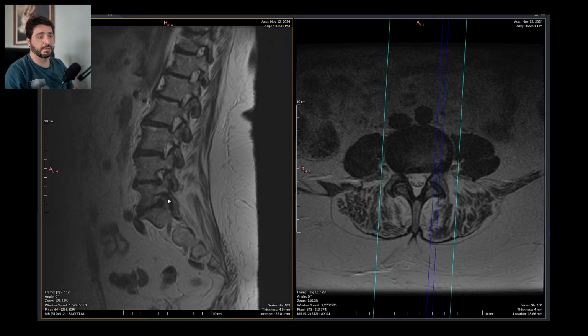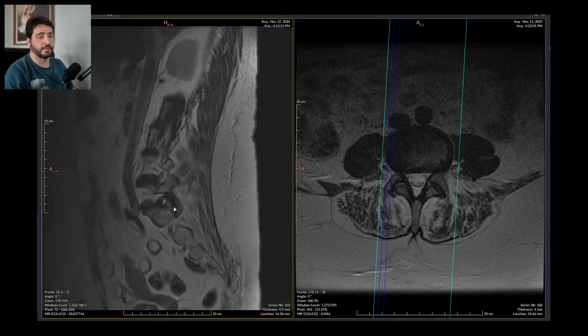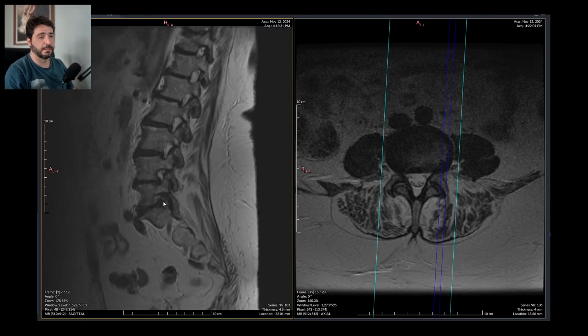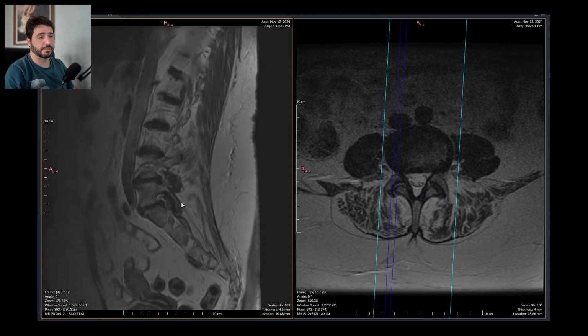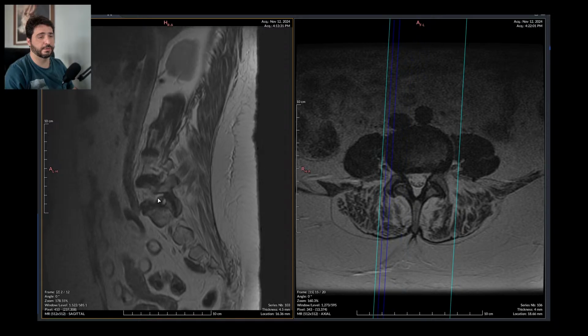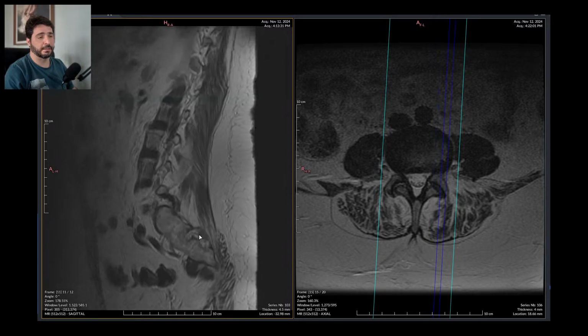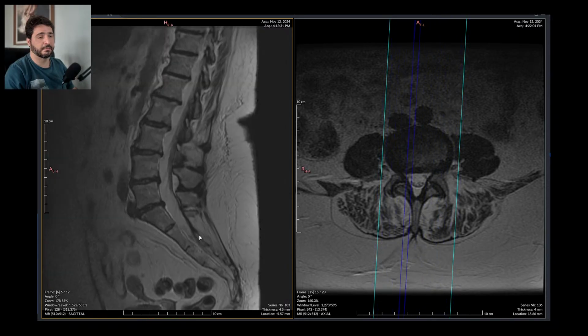We have a moderate stenosis right there and a mild stenosis right there. I'm just going to call it mild and bilateral because two sides of the roots are in contact with other structures inside the neural foramina right there.